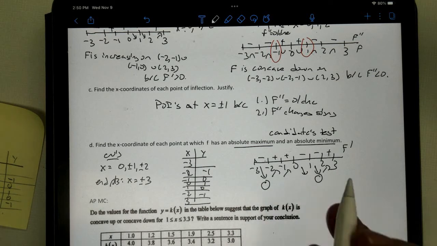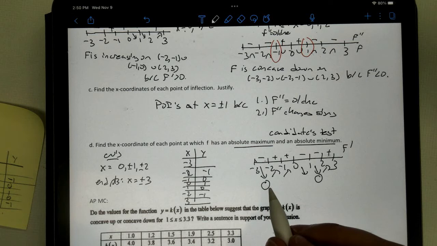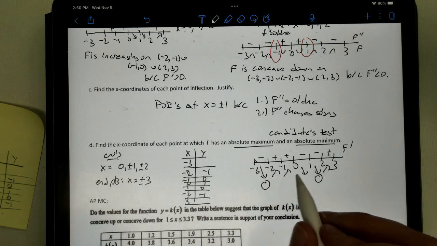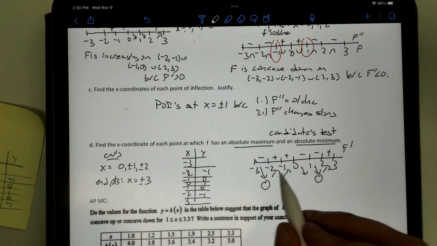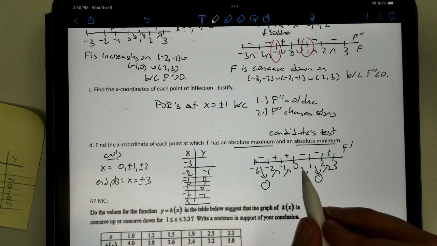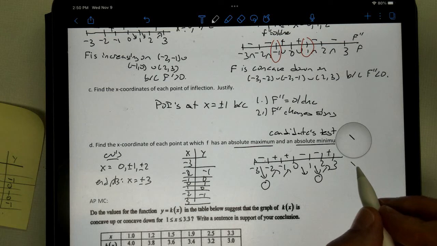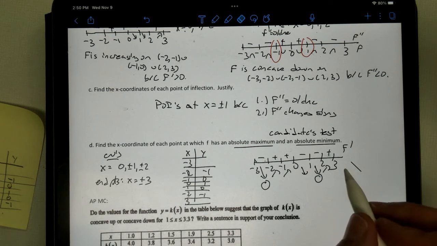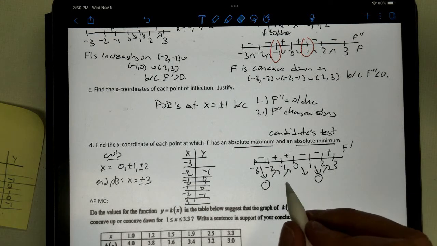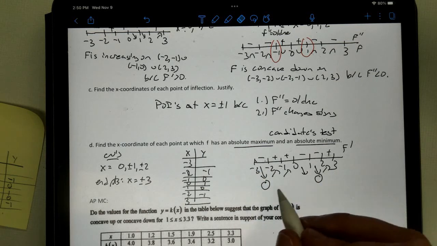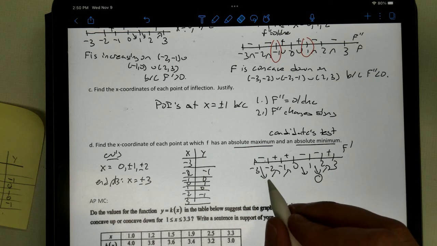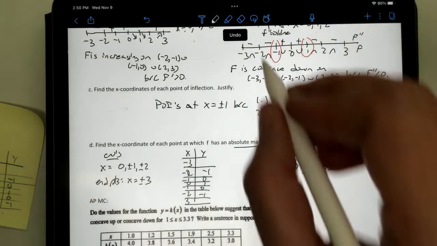Now notice at this point right here, it never goes any lower. I mean, it does go down at -1, but it's going down afterwards. From 0 to 1 it's going down, then from 1 to 2 it's going down again. So it just keeps going down.